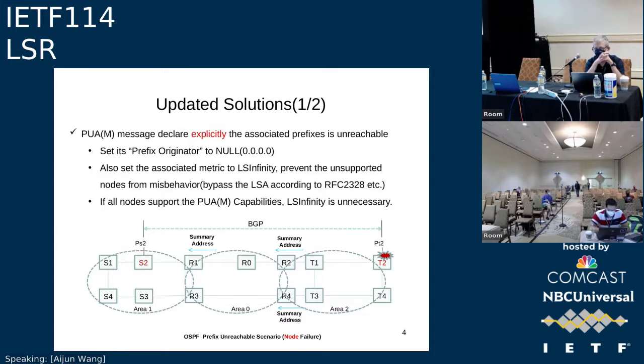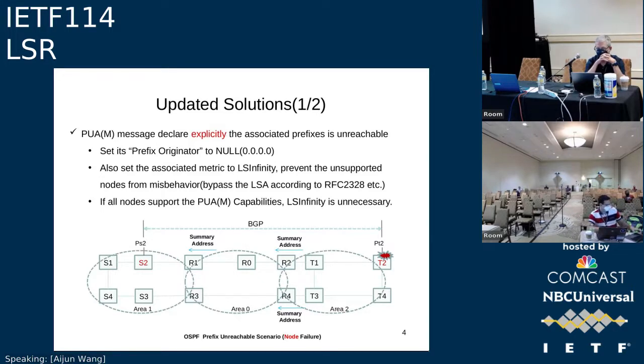In order to avoid misbehavior of traditional or unsupported routers, we set the associated metric to LS infinity. This can prevent the unsupported node from misbehaving. I think such an action conforms to the rule of the related RFC.